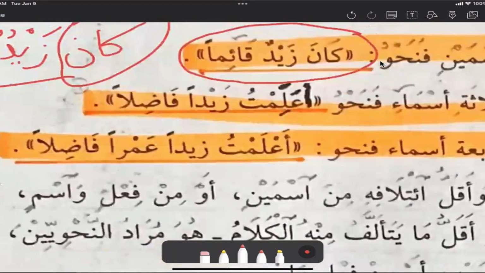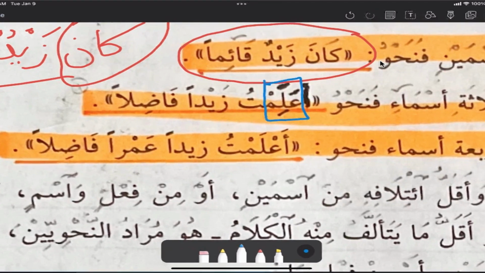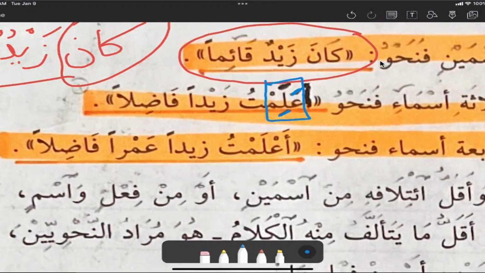Here, alima is your verb. Then alimtu, that pronoun, is your first nominal, because pronouns are nouns. I'm just going to say nominal though. I knew Zaydan, that's your second nominal.